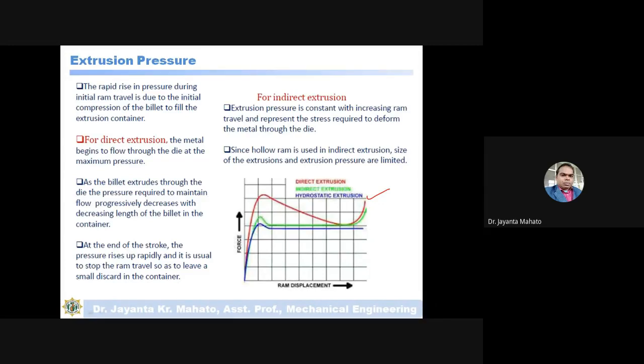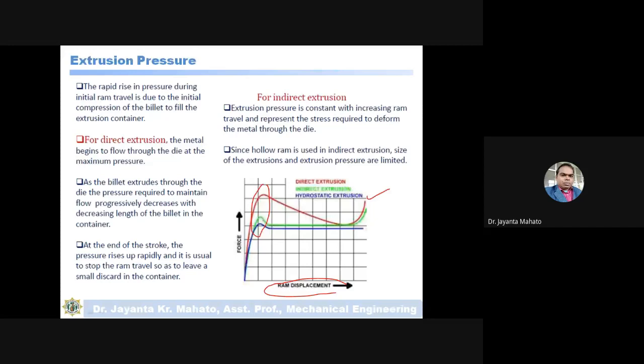The force required to extrude the material increases as you move the ram, more and more force is required, and this force increases rapidly, reaches a peak point and then decreases.